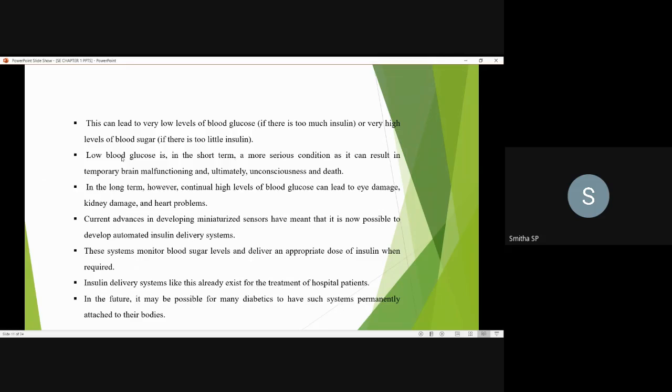So to overcome these situations, automated insulin delivery systems have been developed. These systems monitor blood sugar levels and deliver an appropriate dose of insulin when it is required by the human body.